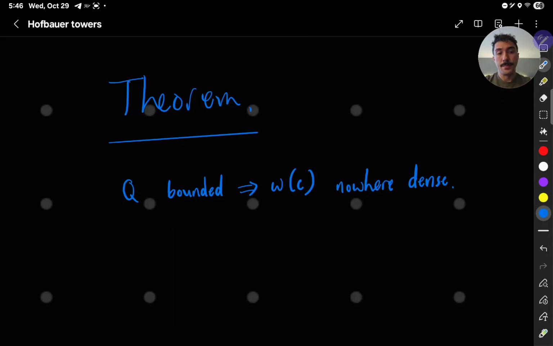In fact, you can show, and this is a good exercise, and you'll see how to do it shortly, that if Q is eventually constant, then the kneading sequence associated to the critical point is eventually periodic.